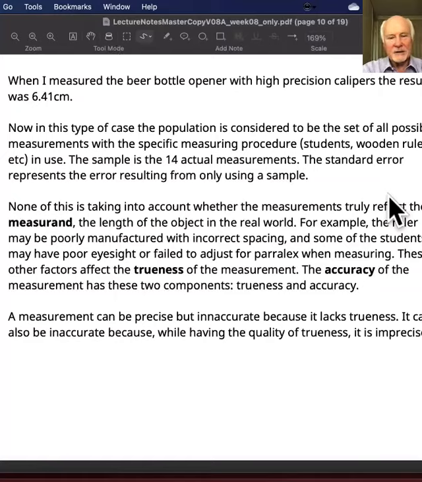So this is one of those cases where the population is kind of hypothetical. It doesn't actually exist. But the idea is that the procedure is taking a random sample from this potential hypothetical population.